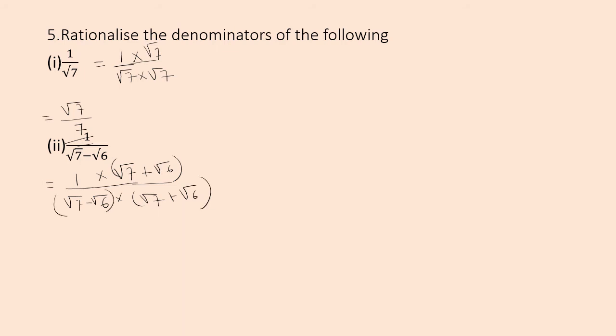Now the numerator becomes root 7 plus root 6, upon the denominator, which is of the form a minus b multiplied by a plus b, that is a square minus b square, that is root 7 square minus root 6 square.